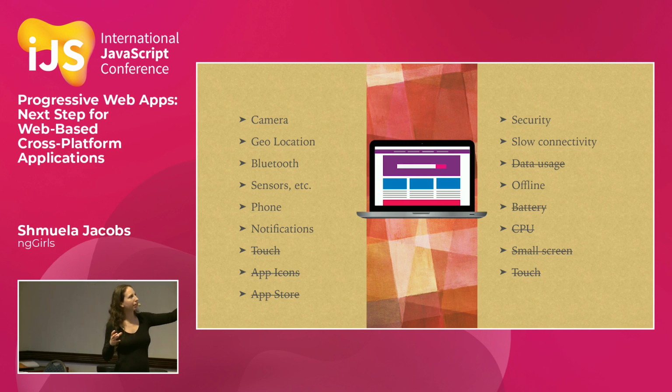On the other side, things that we need to consider when we're developing for mobile phones are also really beneficial when we use them also for our desktop users. So security is always a good thing, all right? Like I said, slow connectivity is something that happens not only for phones, but in some areas in the world.